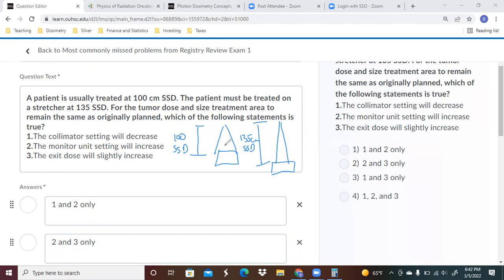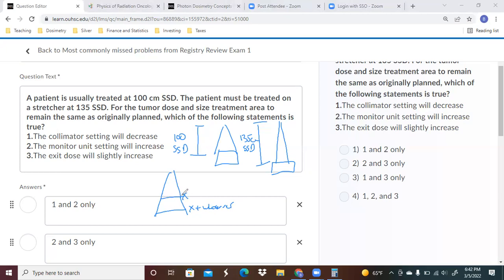Collimator setting is going to decrease because as we are moving the patient further out, if we leave the collimator setting the same, then whatever distance we end up treating here at 100 is going to end up being significantly bigger. So that's going to be bigger.